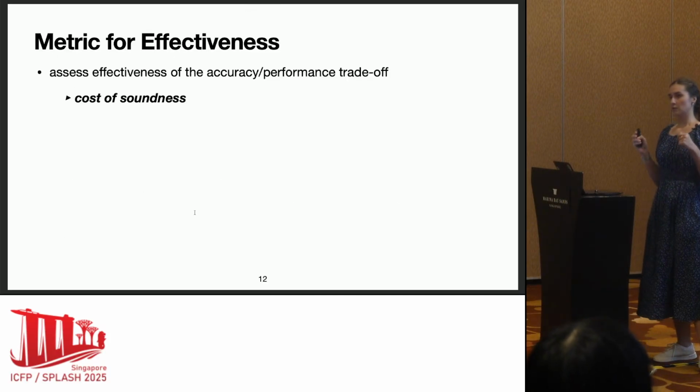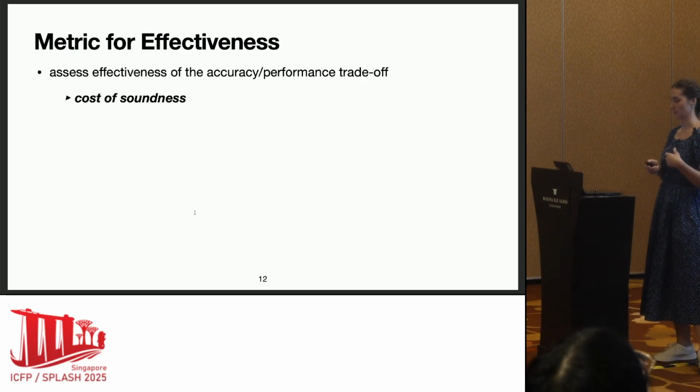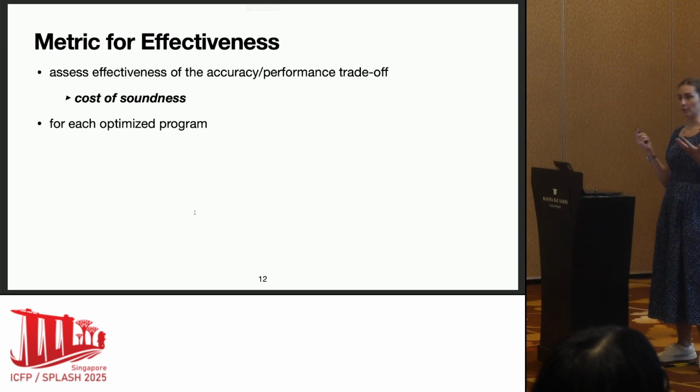For effectiveness, we needed a metric that would tell us how well the tuner can navigate this accuracy-performance trade-off. Because we are comparing sound and unsound tools, we called this metric cost of soundness, and it has multiple components.